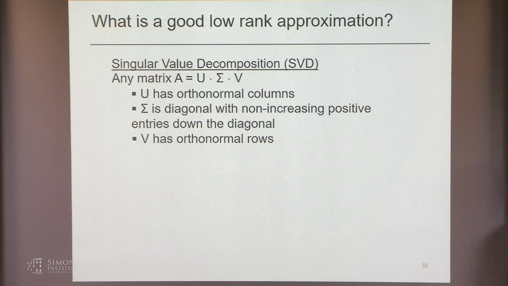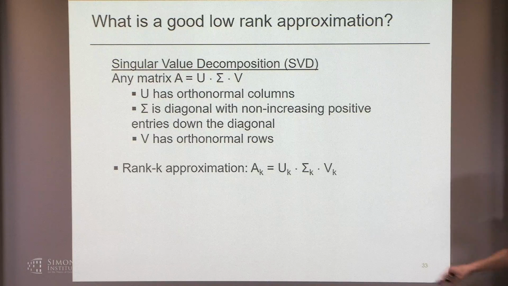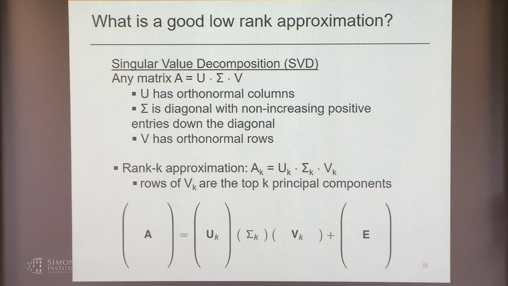And the standard way of doing this, as Ravi mentioned, is via the singular value decomposition. So I can write A in its singular value decomposition, U sigma V. And the best low rank approximation under many different notions of best is given by the so-called truncated SVD. So what is the truncated SVD?